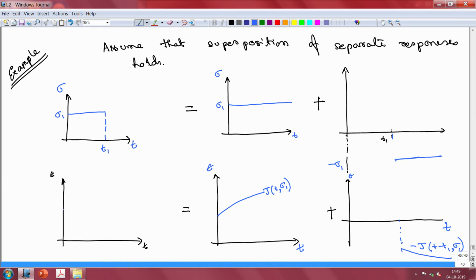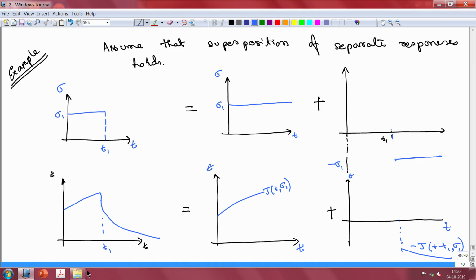What you will end up with, with t1 here, is a graph like this. Have you seen this graph before? We have seen this when we were discussing the creep and the creep release test. Remember? This is the typical response of a viscoelastic material.